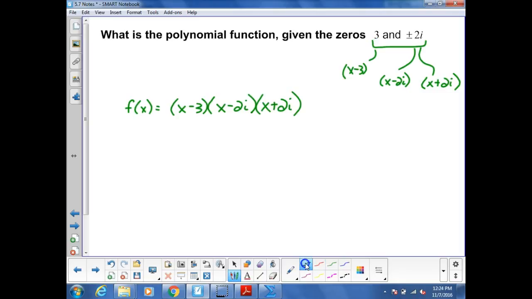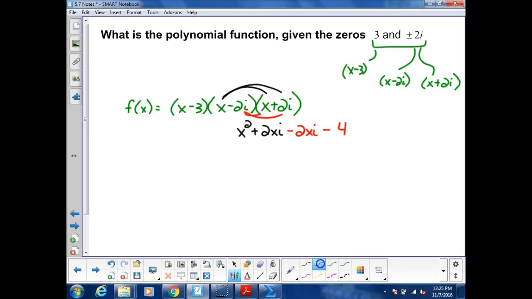There. Now let's go this one and that one gets me x squared plus 2xi. This one and this one gets me minus 2xi and then minus 4i squared. But what do I know about i squared?